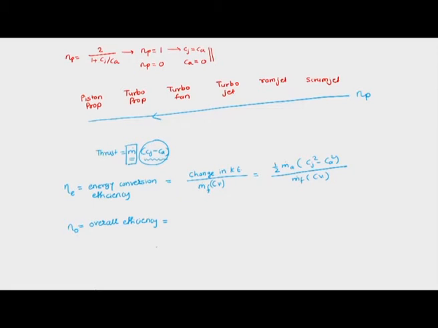In propulsive efficiency we considered two energies: thrust power with kinetic energy. In energy conversion efficiency we consider kinetic energy with chemical energy. Overall efficiency is basically power with chemical energy, which is m dot F into calorific value.